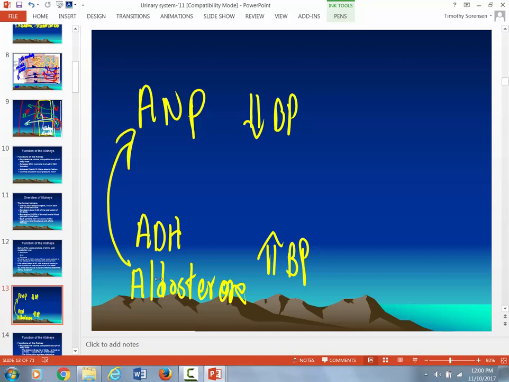So these two guys inhibit ANP, and ANP inhibits these two guys. Can you say that one more time? ANP inhibits ADH and aldosterone release, and aldosterone and ADH inhibit ANP. Right? And that makes sense. If one lowers your blood pressure and the other two raise it, you don't want those two in the blood at the same time, right? Just like insulin and glucagon, right?